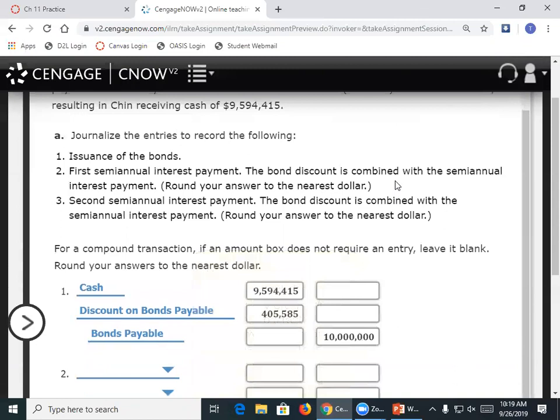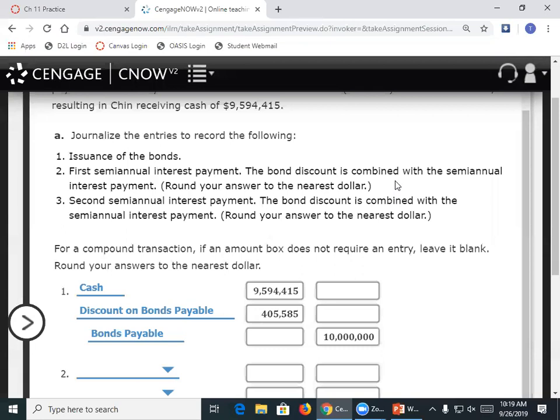It's always nice when you can divide evenly, right? And they want us to round to the nearest dollar. So 6 months worth of that discount is $40,559. Okay, we know we have to recognize that.